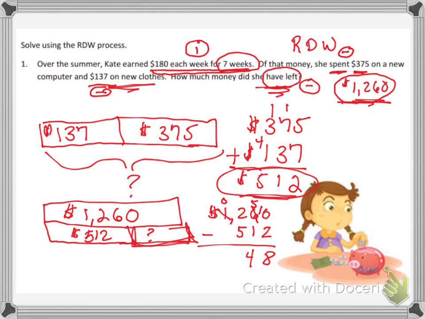We're left with none, and now we have a 12 in the hundreds. 12 take away 5 is 7. So Kate is left with $748. So now we need to do the W part. Kate has $748 left.